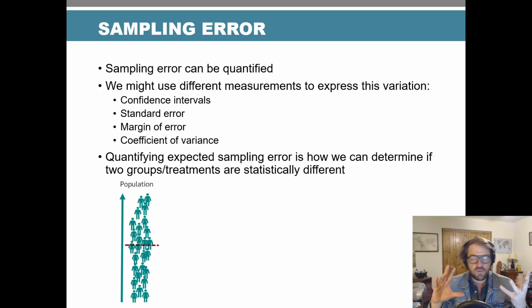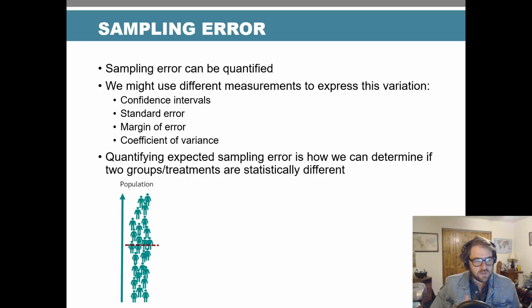Margin of error is in practice. The math is a little different, but in practice, it's about the same thing as a confidence interval, standard error, and coefficient of variance. And really, all those mean is: here's a value. Your mean is here. And you expect that the mean of the population is somewhere within this range of that mean that you've obtained from your sample.